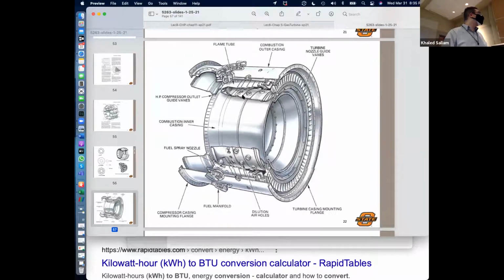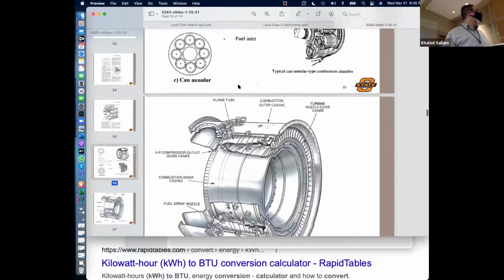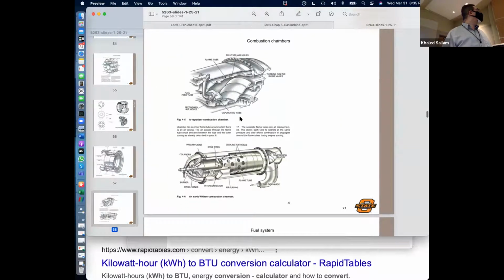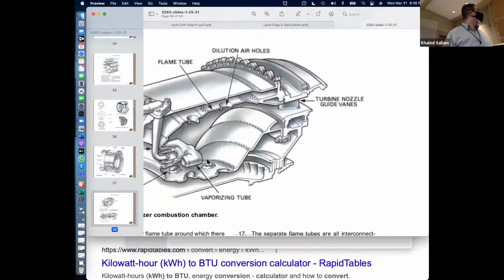If something bad happens here, you have to replace the whole thing, and the whole thing is out of order. But if it's a bunch of cans, and one of them goes wrong, you buy the can and put it in. You don't replace the whole thing, and it's super quick to change, right? So that's why they like the can more than the annulus, right?